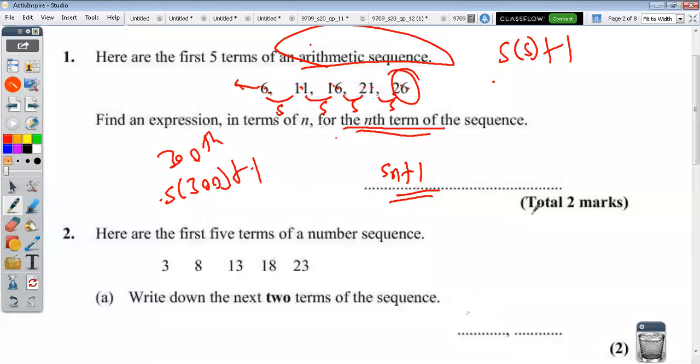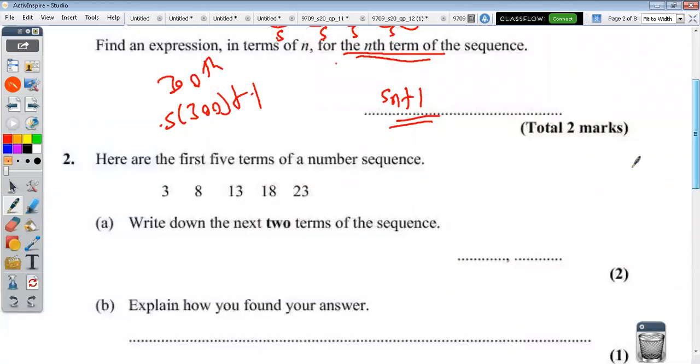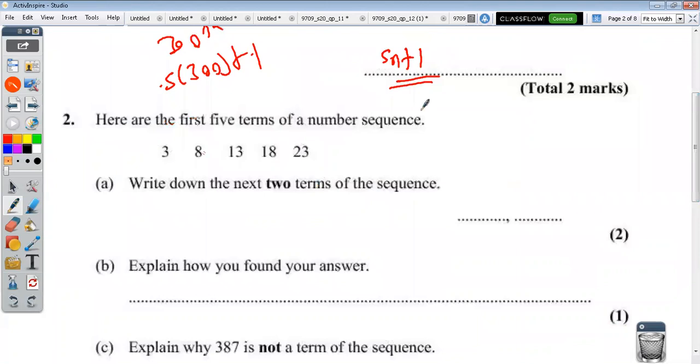Let's do the second one to make sense just now. Here are the first 5 terms. Write down the next 2 terms. What are the next 2 terms? Observe, then tell me what's that. You said 28?